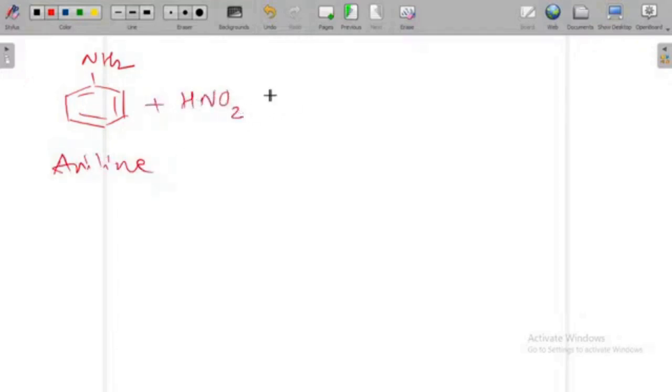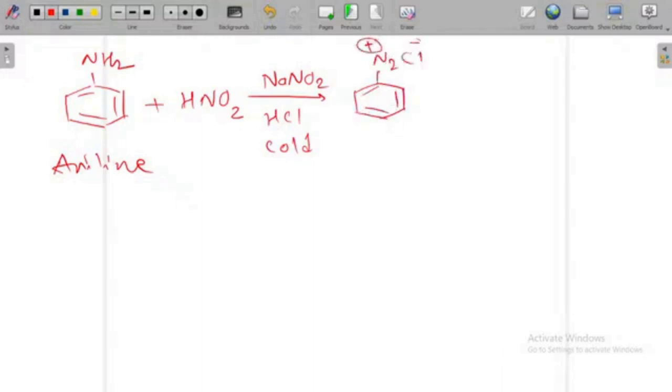In the previous lecture we have already seen this reaction: NaNO2, HCl at cold condition gives benzene diazonium chloride, C6H5N2+ Cl-.